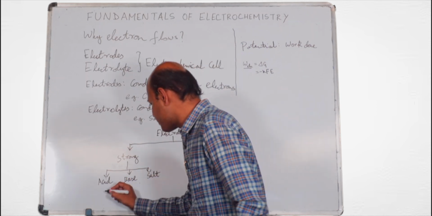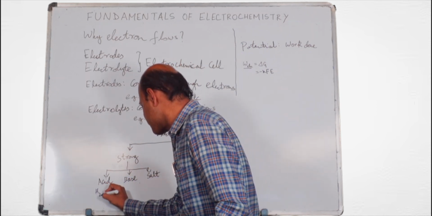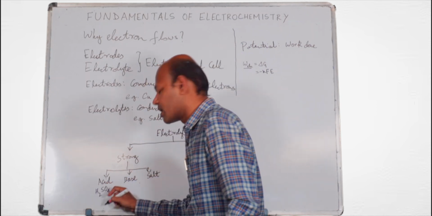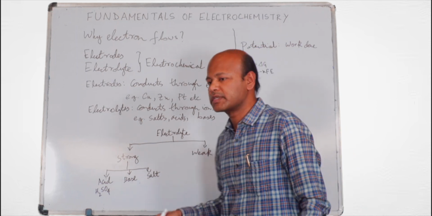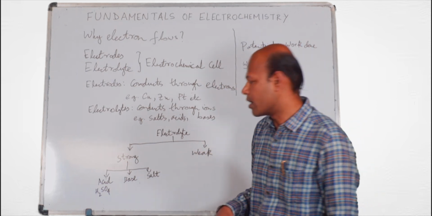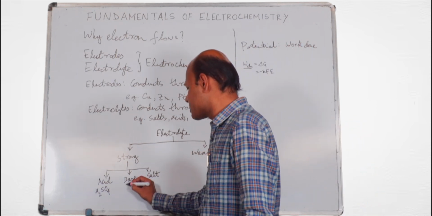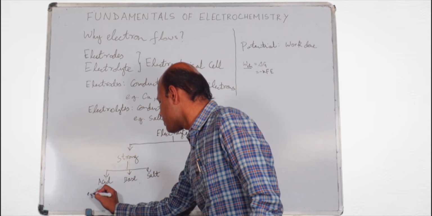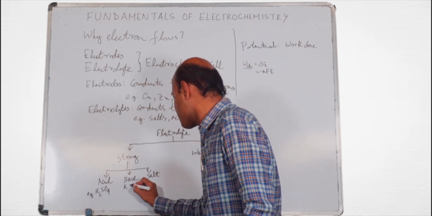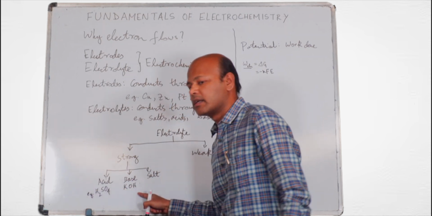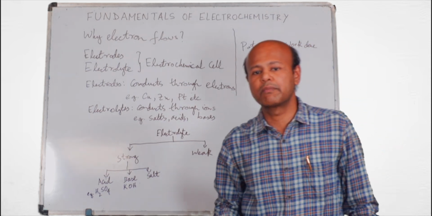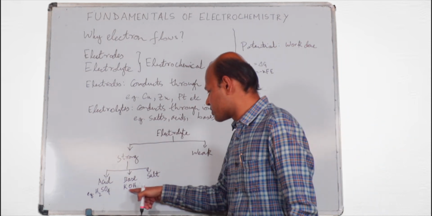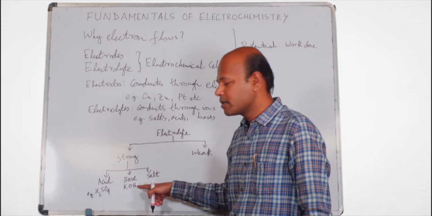As an example of an acid, I'll write sulfuric acid as well as hydrochloric acid. They dissociate almost completely into ions. An example of a base which dissociates almost completely is potassium hydroxide. These are examples of strong electrolytes. It dissociates almost completely into ions, that is potassium ion and hydroxyl ion.